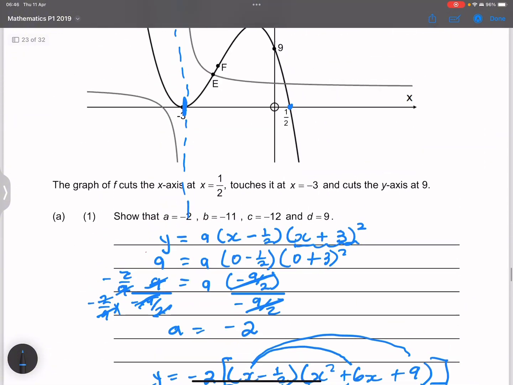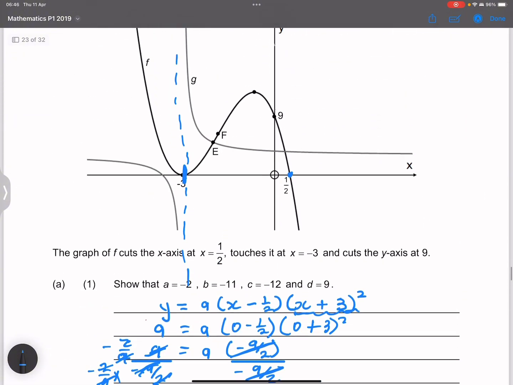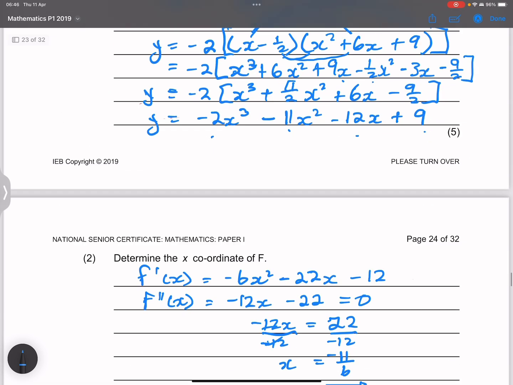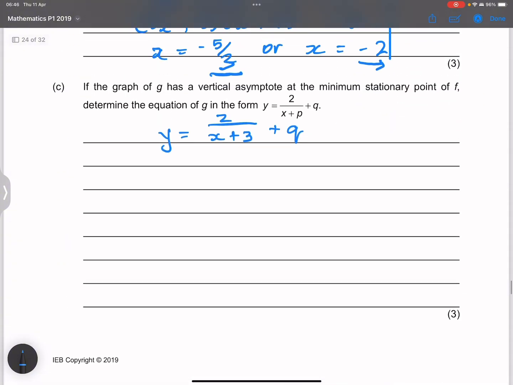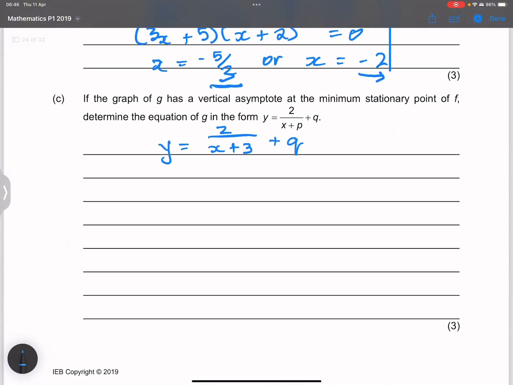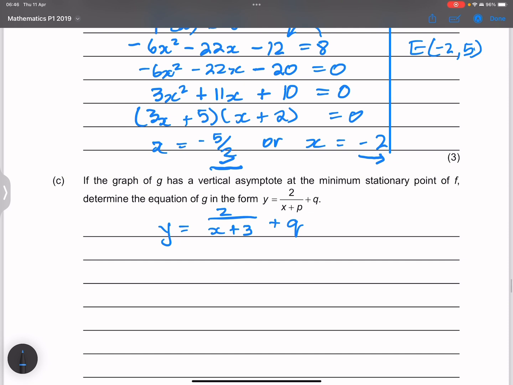Remember the two intersect in this case at E, which is negative 2 and 5. So I'm just going to substitute that point there. I know when x is equal to negative 2, y is equal to 5. So I'm going to say 5 is equal to 2 over negative 2 plus 3, plus q.